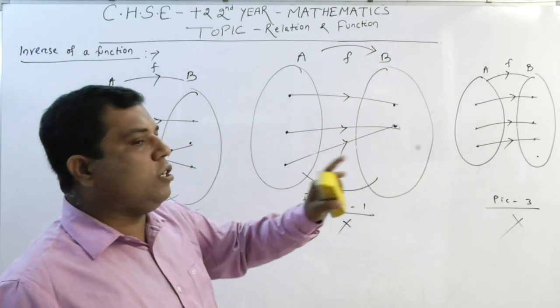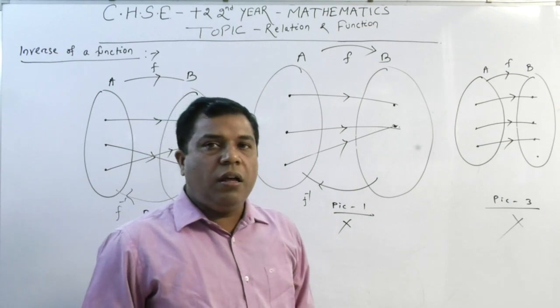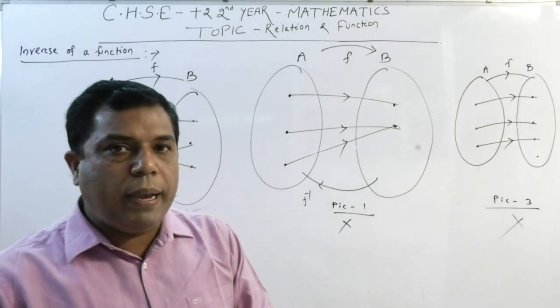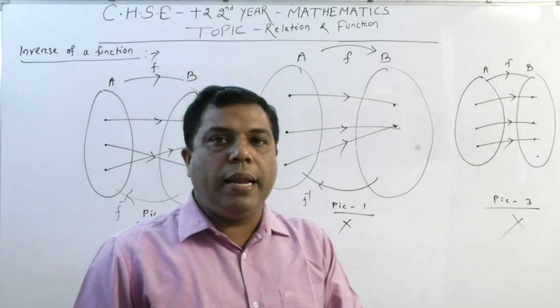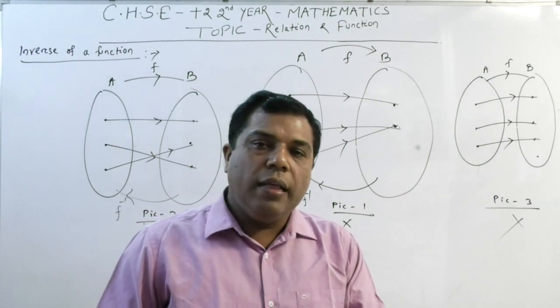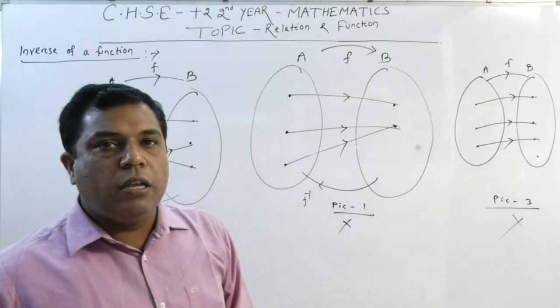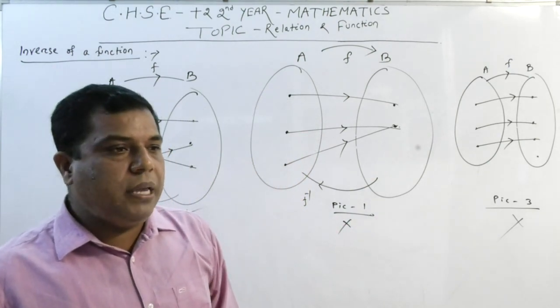So these two pictures do not have an inverse. So the original function should be bijective. If f from A to B is a bijective function, then only its inverse can be found, otherwise not. Then only the reverse process can be found.